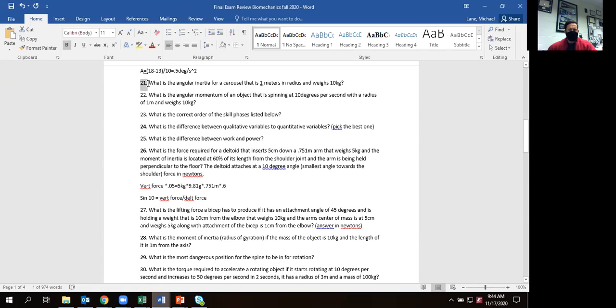You're just breaking down the math of, it's literally just the radius squared times the mass. Momentum of an object, remember that's going to equal the inertia and its current velocity. So it's going to be 10 times 1 squared times 10. Put a space there, like civilized humans.